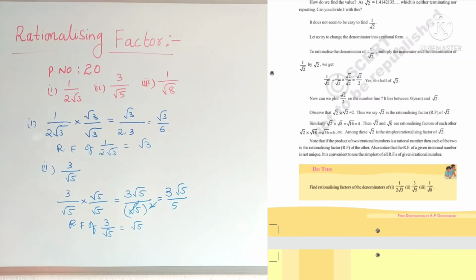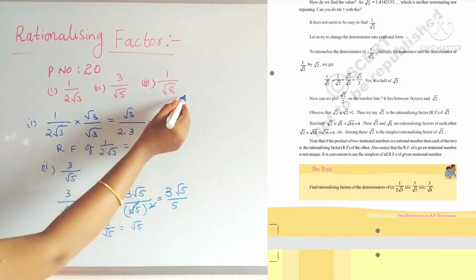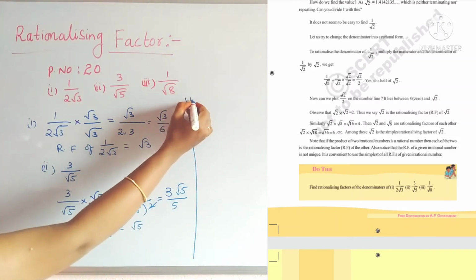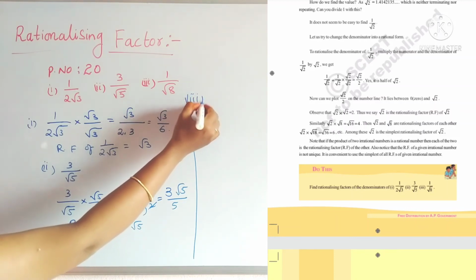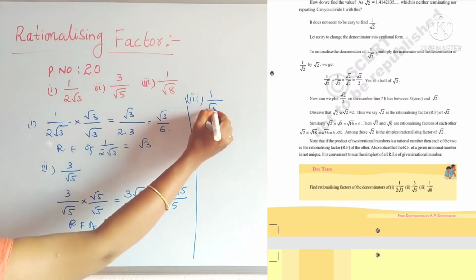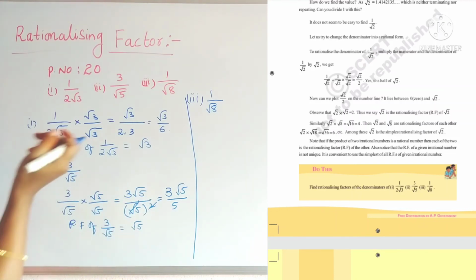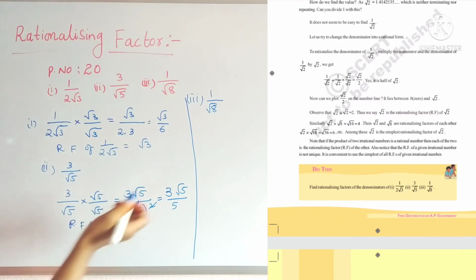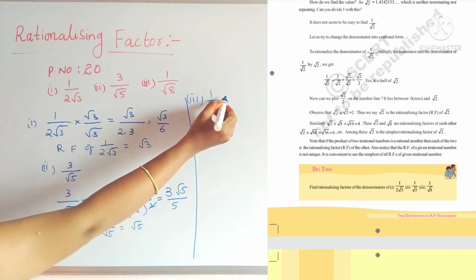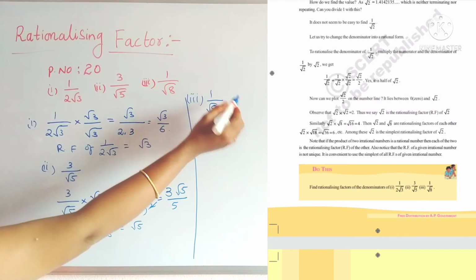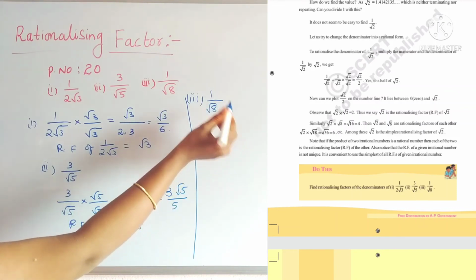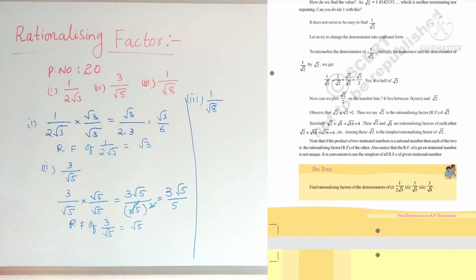Now our third one, 1 by root 8. Here root 8 is there. If you multiply by root 8 by root 8 you will get root 8 by 8, but it is not in the simplest form, right?